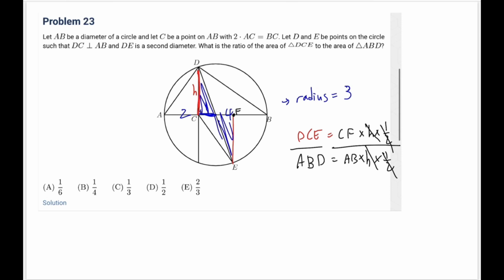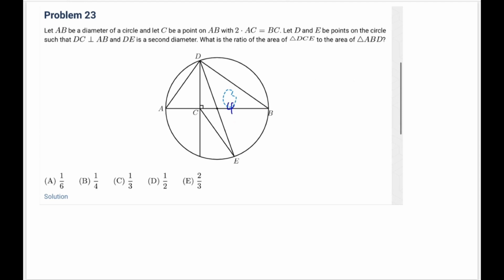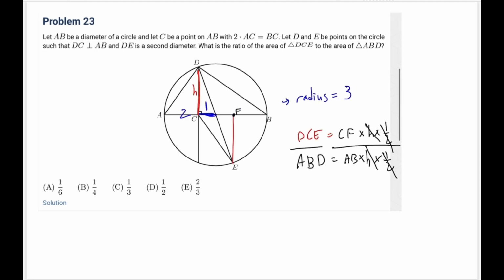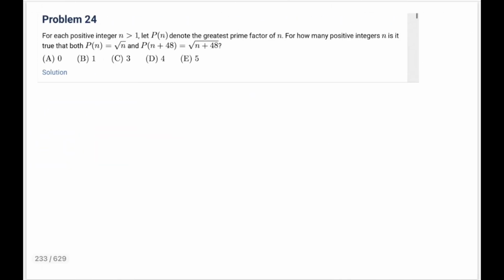And since these are congruent, let's move this 4 here. So this much is 4. And then since these two triangles are congruent, this must also be 1. So CF equals 2. AB equals the whole thing, which is 6. This is 2 over 6, which is 1 over 3. The answer is C.